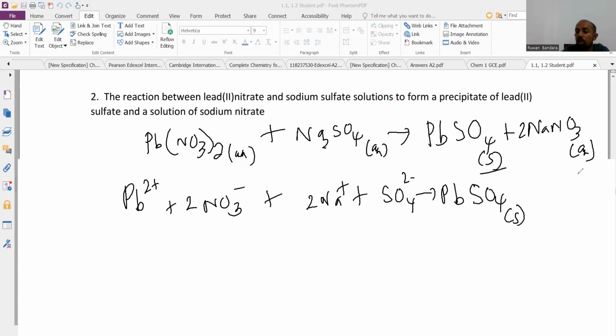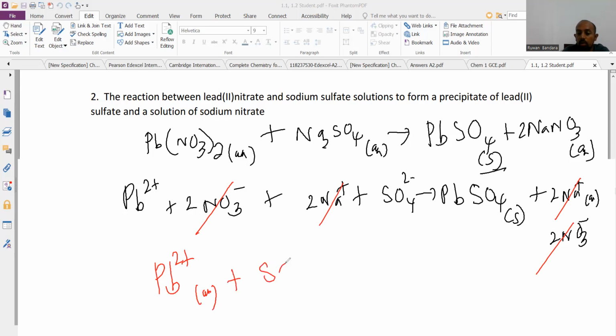It won't get ionized because it's a solid. 2Na+ and 2NO3- remain, and it's clear that NO3- appears on both sides. The answer is Pb2+ + SO4 2- → PbSO4. So that's how it goes.